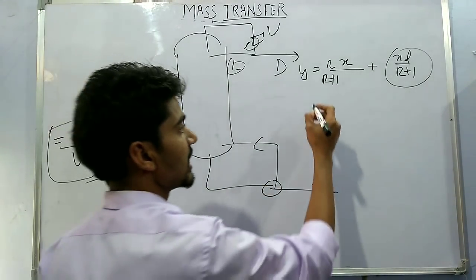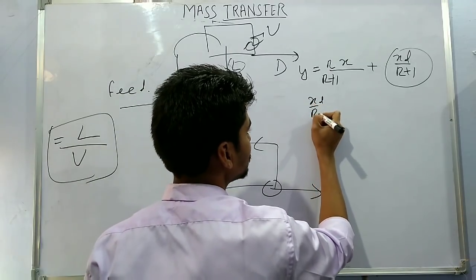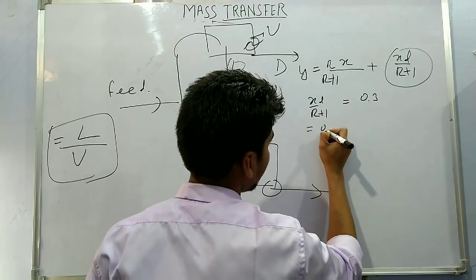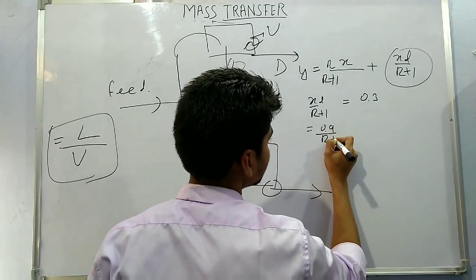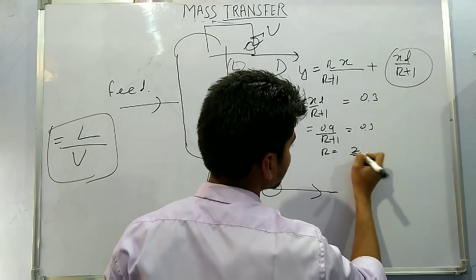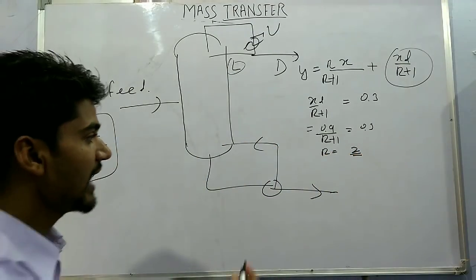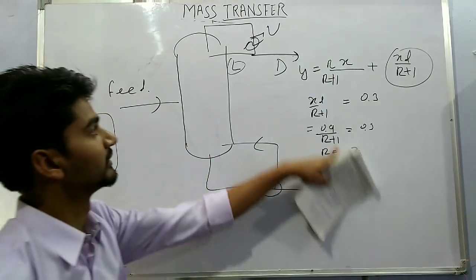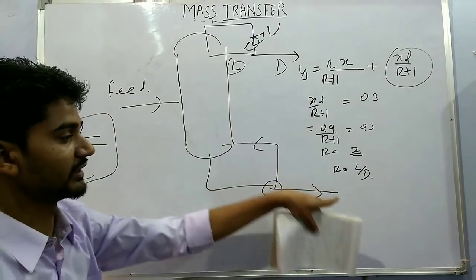That is xD upon R plus 1 equals 0.3. xD is given as 0.9. So using this, we can get the value of R as 2. Now what is R? R is written as L by D.